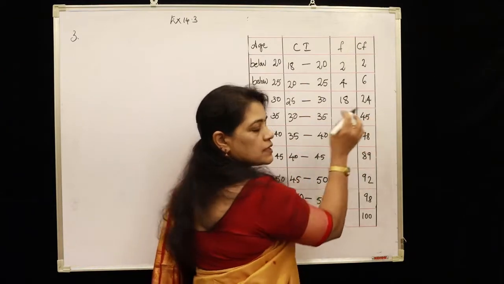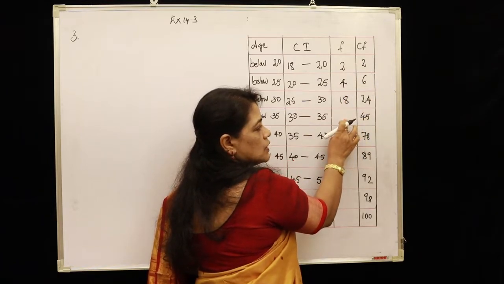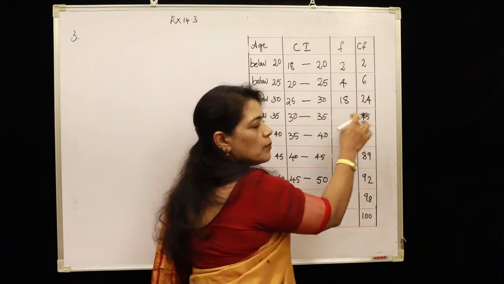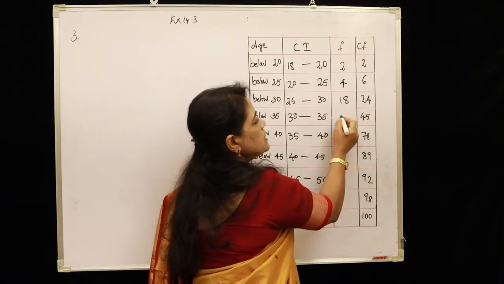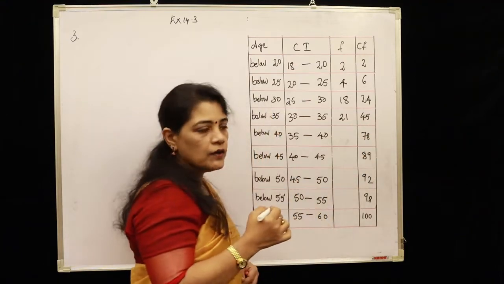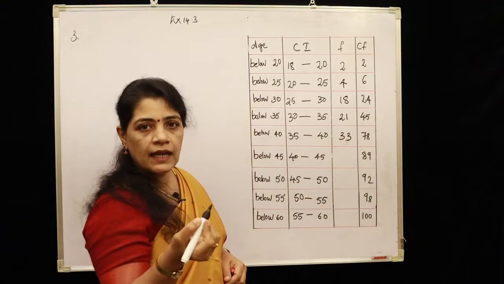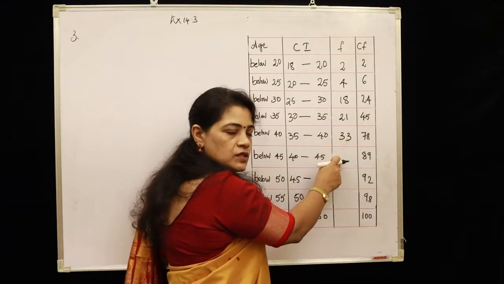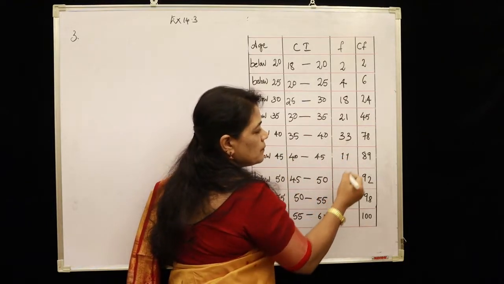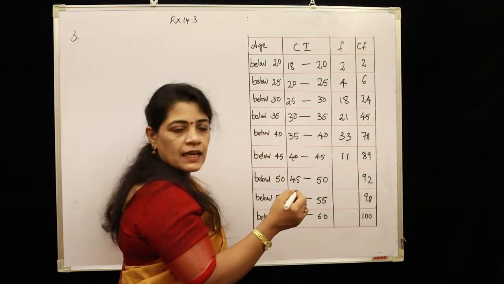And 45 is the cumulative frequency of the first three plus the fourth class interval, so you subtract 24 from 45, that is 21. Likewise 78 minus 45 is 33. 89 minus 78 gives the frequency of the class interval 40 to 45, that is 11. And here it comes 92 minus 89, which is 3.